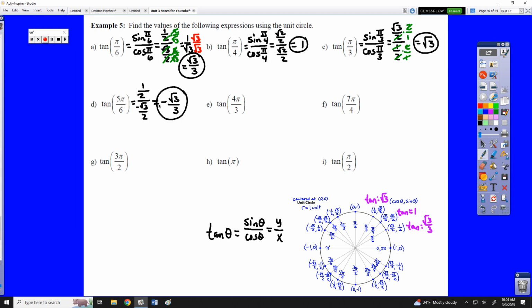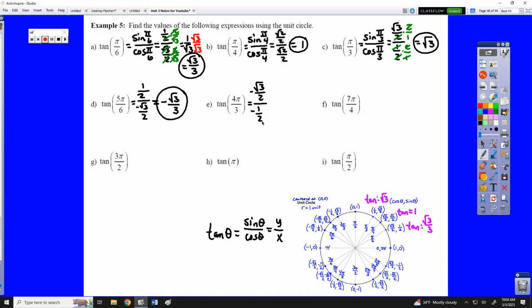4 pi over 3 is located in the third quadrant. So when we go to do our sine divided by our cosine, it has the same coordinates as pi over 3, except they are both negative. So we would be doing the y coordinate, which is negative root 3 over 2, divided by the x coordinate, which is negative 1/2.